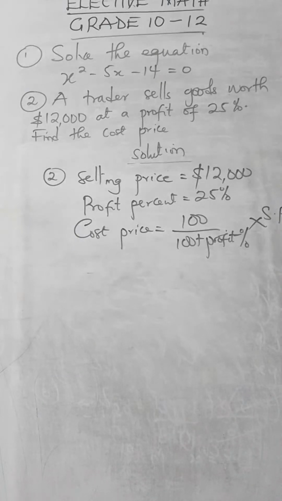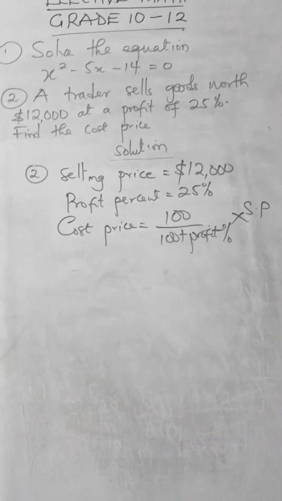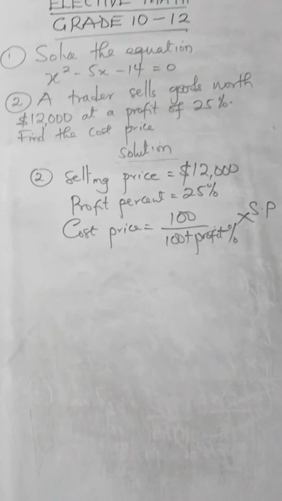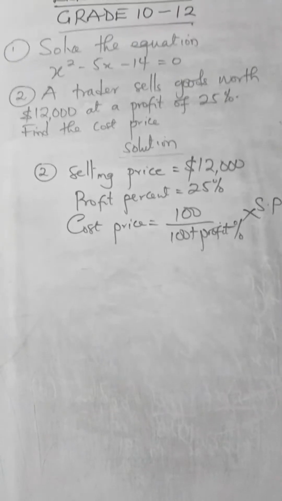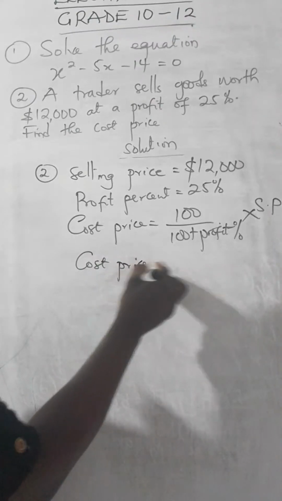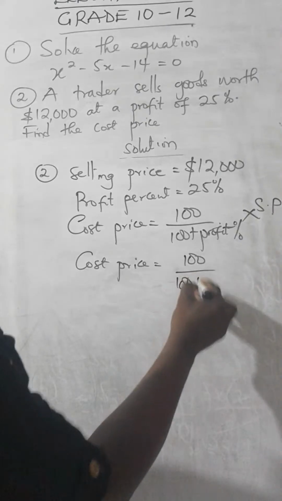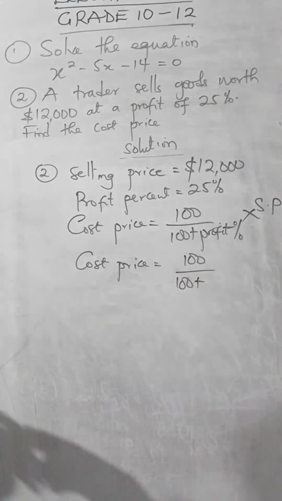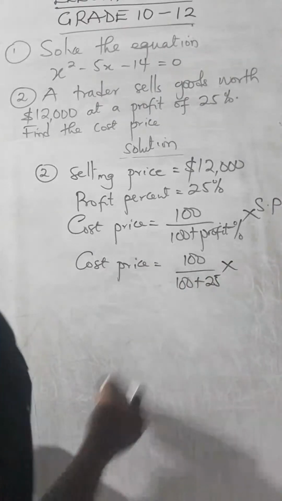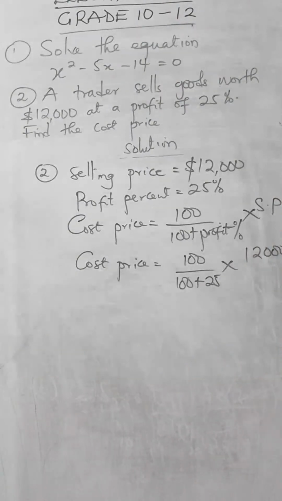Then your cost price will be 100 on 100 plus the profit percent, which is 25, times the selling price, which is 12,000.